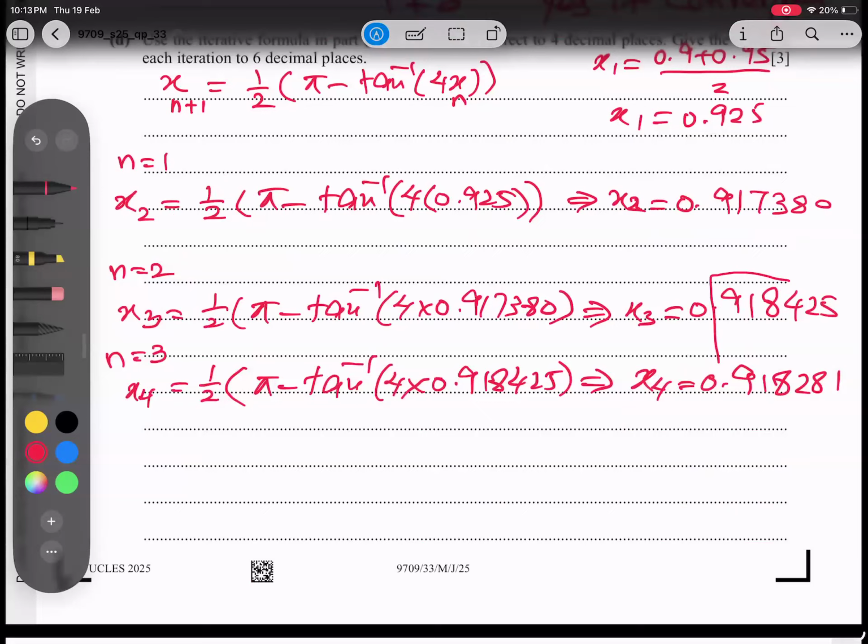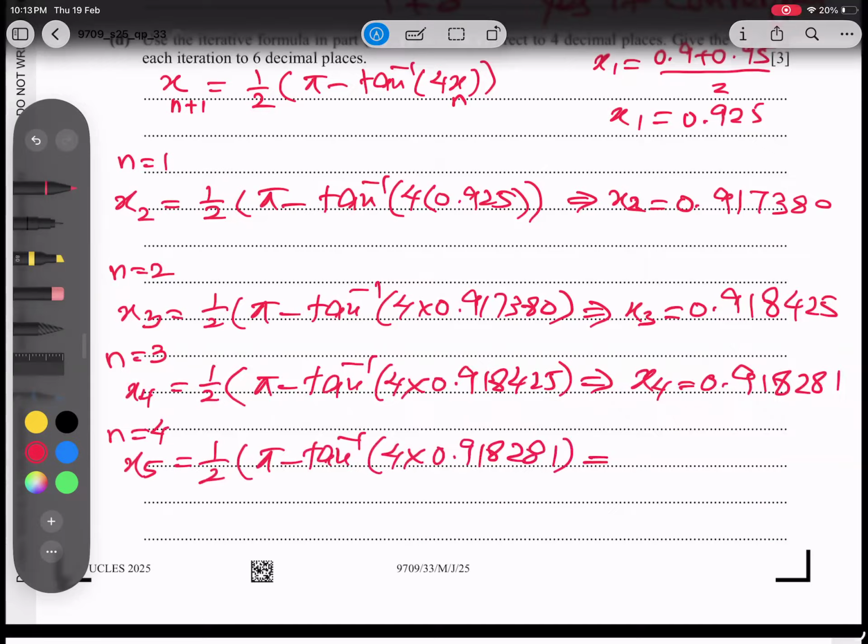Now see, students, 3dp are starting to match, but we need 4dp. So let's go for x5. x5 is half times pi minus tan inverse 4 times 0.918281. I get x5 as 0.918301. If you look carefully, if I round it, this becomes 83 and this is 83, so it is starting to match. So you can stop here.